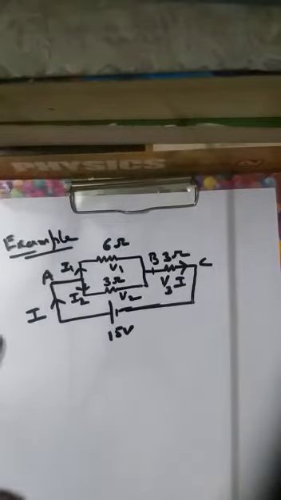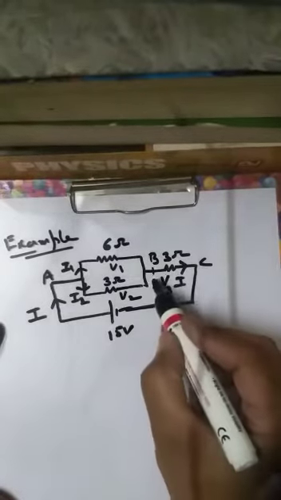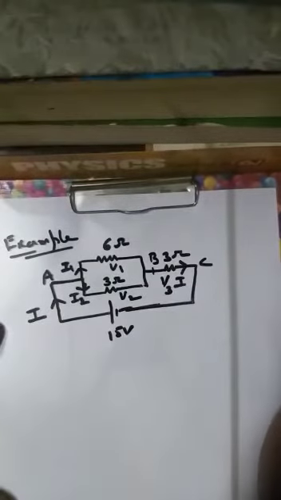So first we name the circuit, after that we put the value of the current, and then we indicate the potential difference across each.